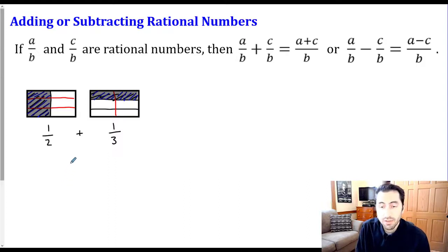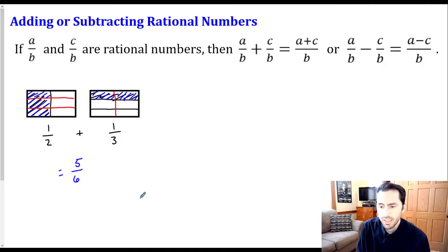And because they're all the same size, this makes it really easy to add them together. I can just count. In total, we have 5, and now their size, we split them up, so now they are 6. So there's our result.